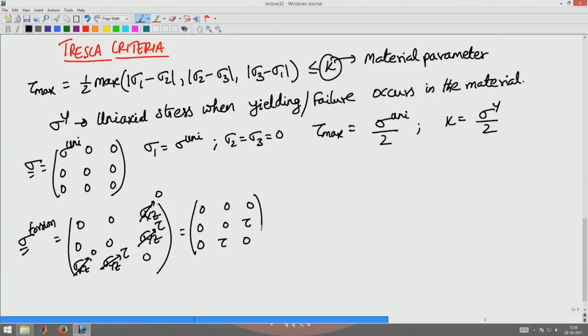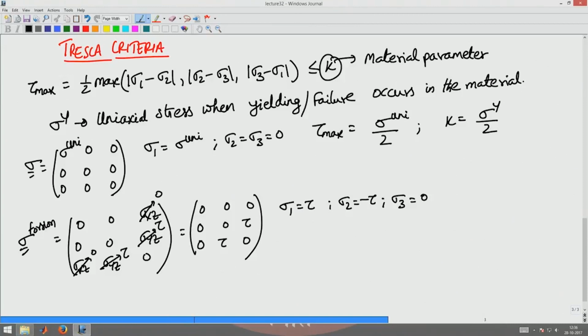You know that the Mohr circle for this is centered about the origin and has a radius of tau. So, from the Mohr circle you can read out that sigma 1 would be tau, sigma 2 would be minus tau and sigma 3 would be 0, the principal stresses for this stress state.